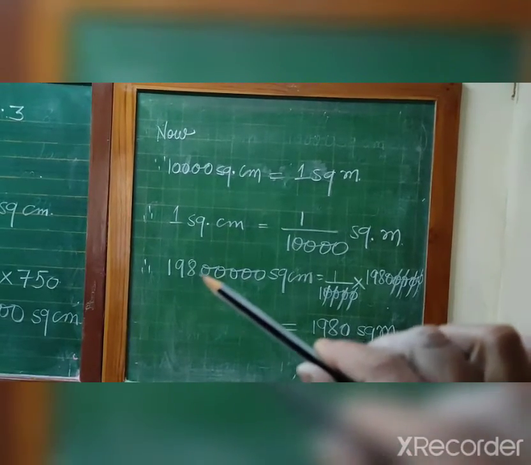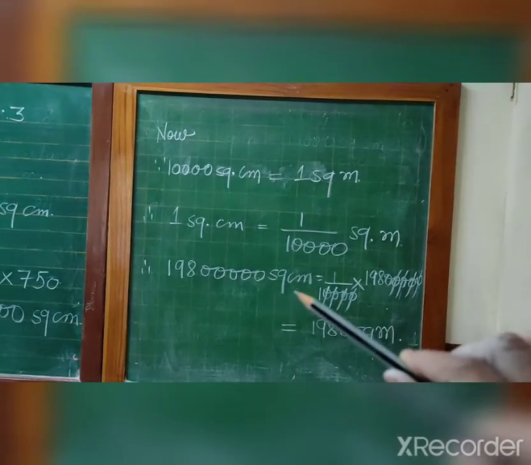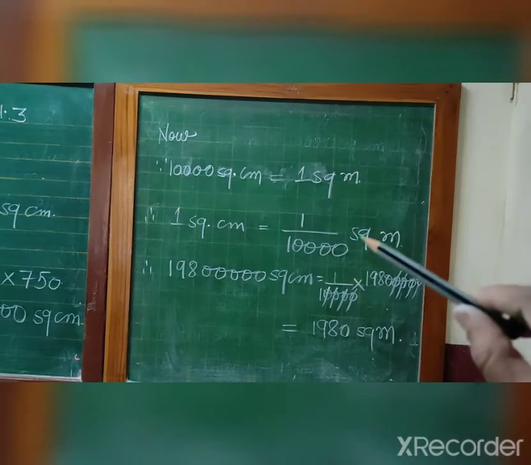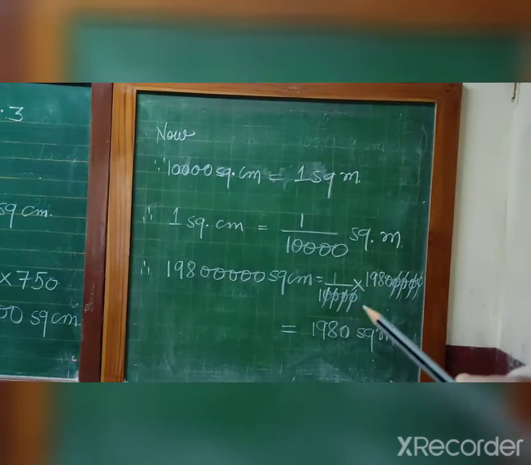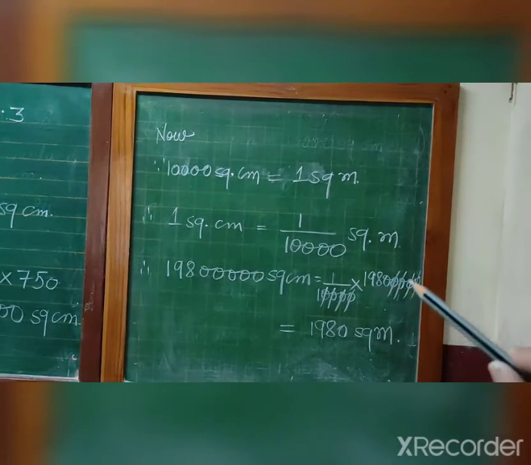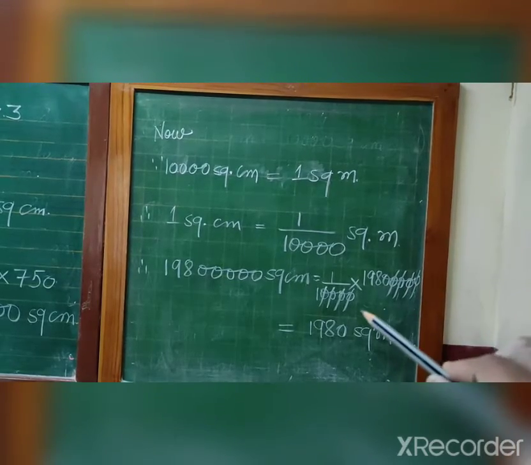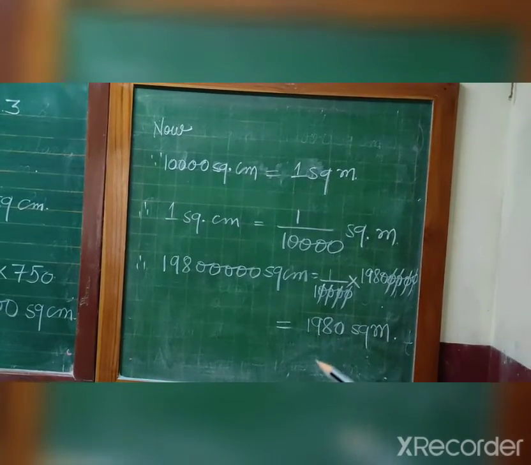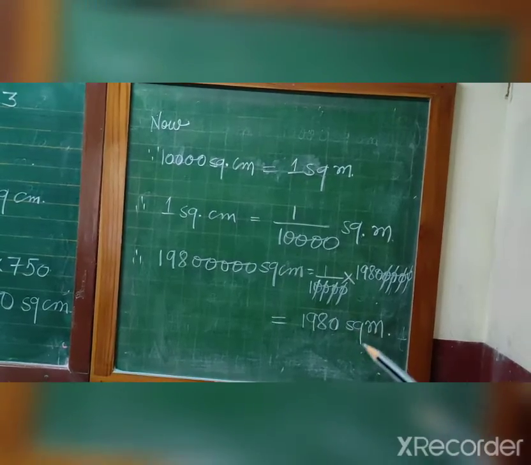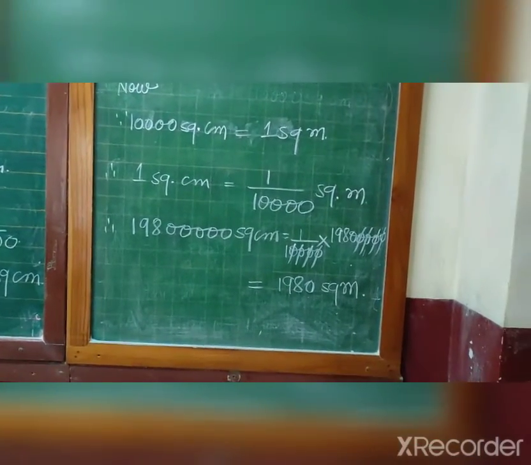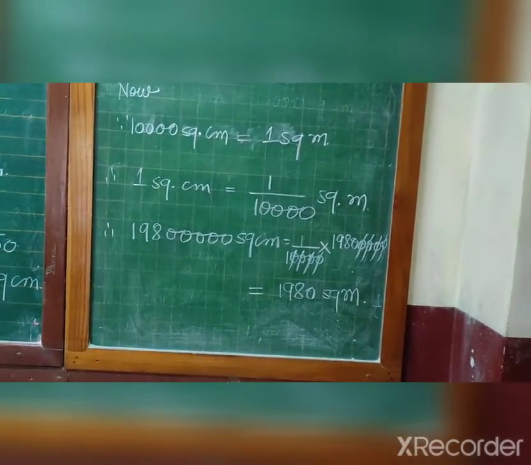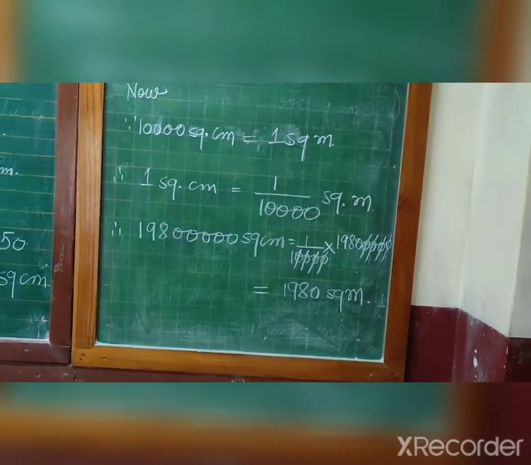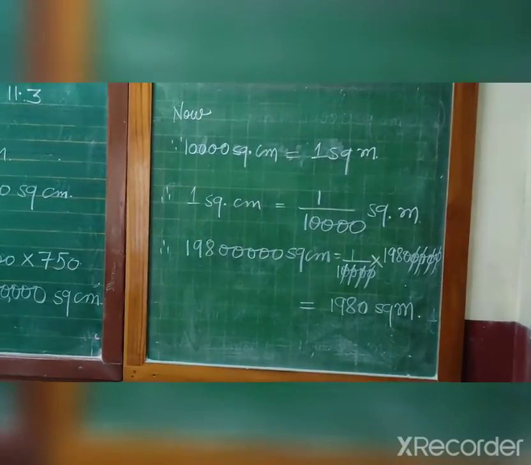So 19850 square centimeter is equal to 1 upon 10,000 multiplied by 198 with 50. 4 zeros cancel by 4. So how much area covered in 750 rounds? 1980 square meter area will be covered in 750 rounds.